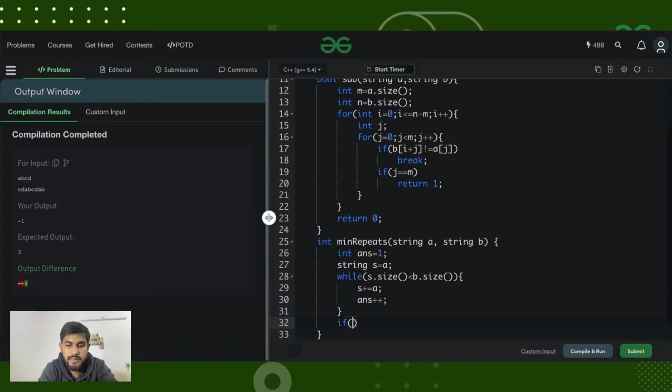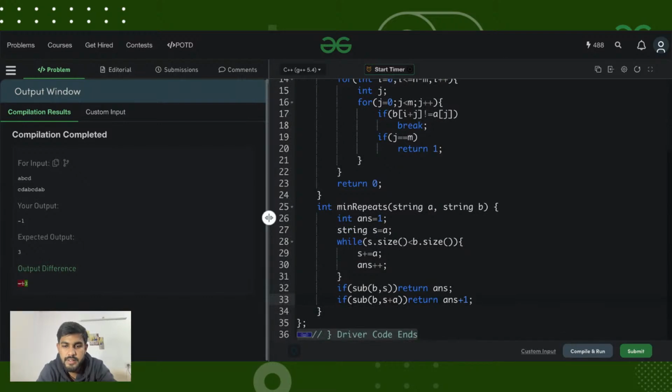Then we would say if sub b comma s, then return the value of answer. Else if sub of b plus a, then return answer plus 1, and else return minus 1.